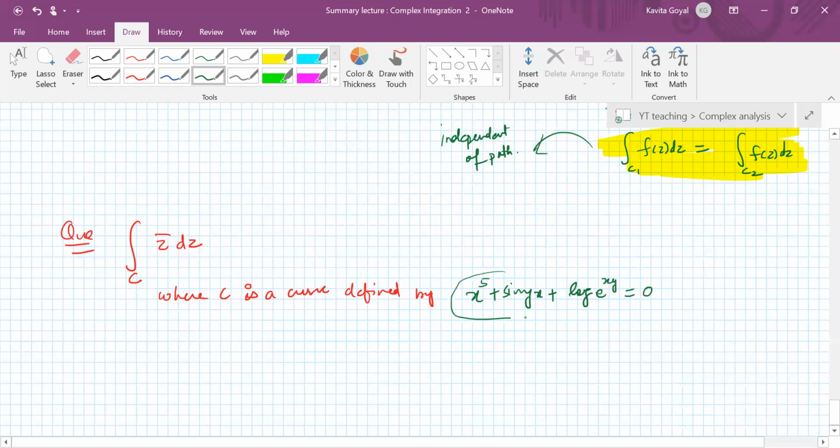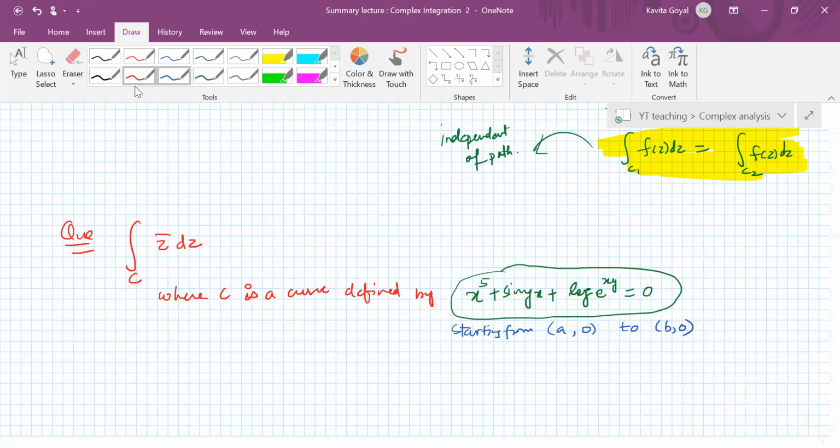This is the equation which specifies what curve you are moving along, starting from (a, 0) to (b, 0). This looks like a very difficult problem if you just look at it.